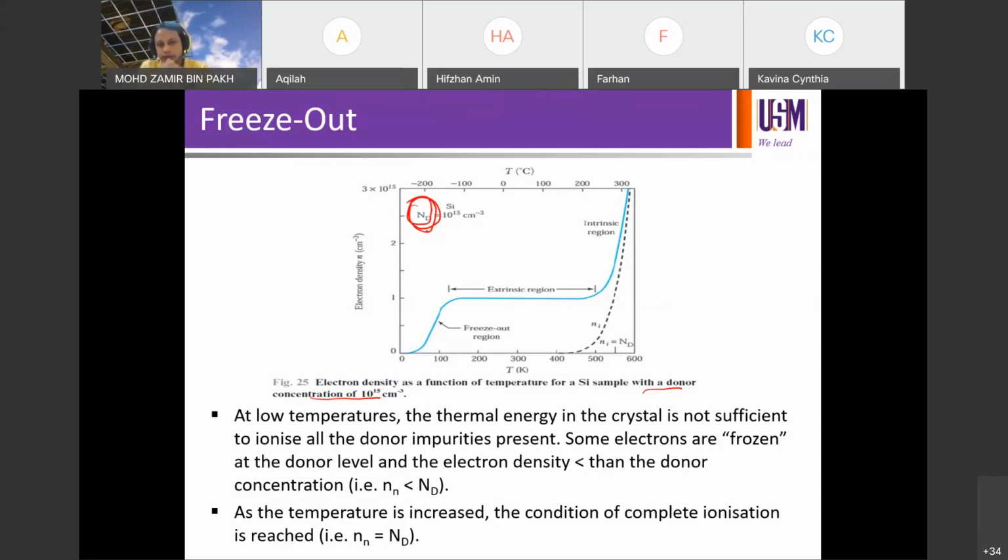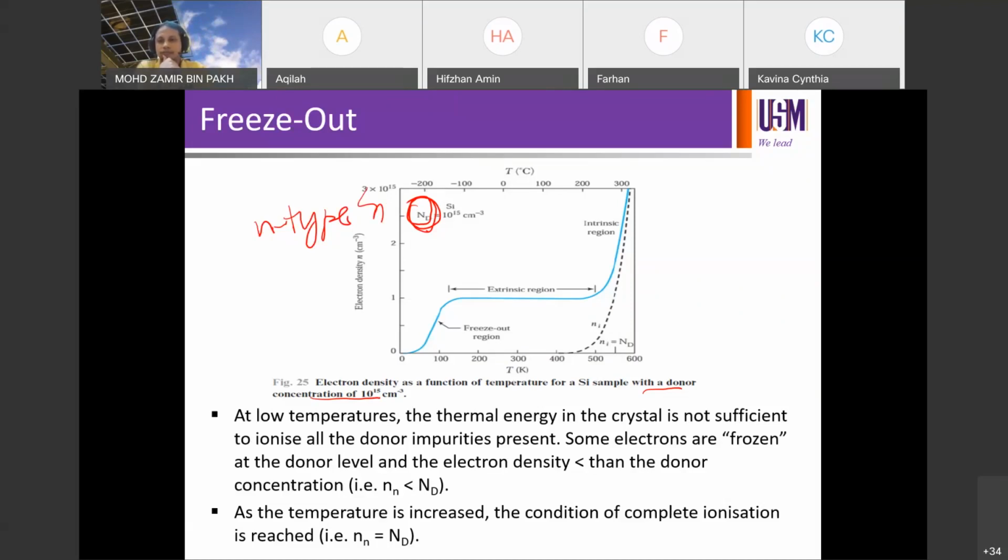ND is equal to 10 to the 15. So now we're trying to increase the temperature of our n-type silicon. At low temperatures, the thermal energy in the crystal is not sufficient to ionize all the donor impurities present. Remember last time we discussed that you may incorporate dopants into the lattice, but if they are not ionized, no point.